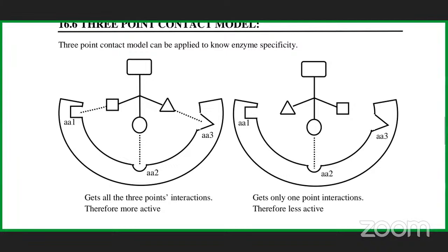There is no change in the position of the round oval here. All these shapes are considered as groups. In the second case, one group has an interaction with amino acid 2, and there is no interaction with amino acid 1.